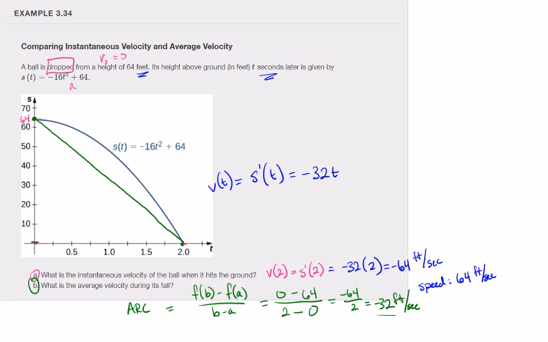And so the average is, of course, not going to be that fast because we're taking into account where we started, which was 0 velocity, all the way to when we ended up. So that just gives you a sense of the difference between instantaneous and average velocity.